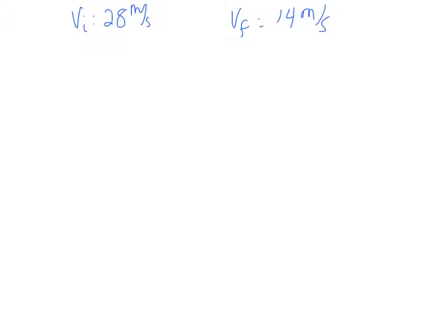We know that the initial height this time is 0, and the height final is what we're looking for. So we're going to set up, we know that energy initial has got to equal energy final.